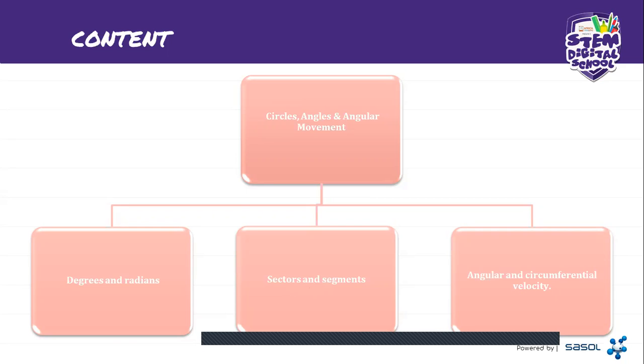You must also remember that. And the last one is angular and circumferential velocity. Circumferential velocity is sometimes called peripheral velocity. Then we'll be calculating those as well, angular as well as circumferential velocity. So those are the concepts that we are going to be focusing on in today's lesson.